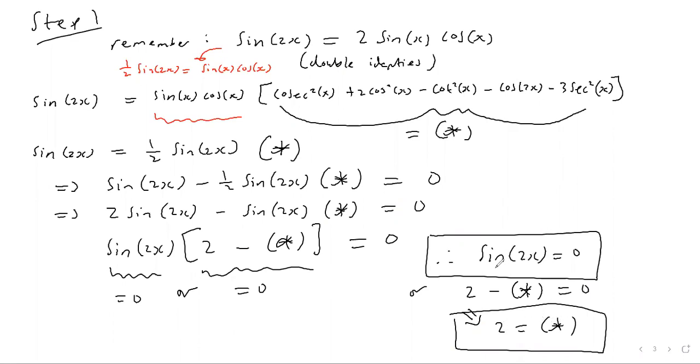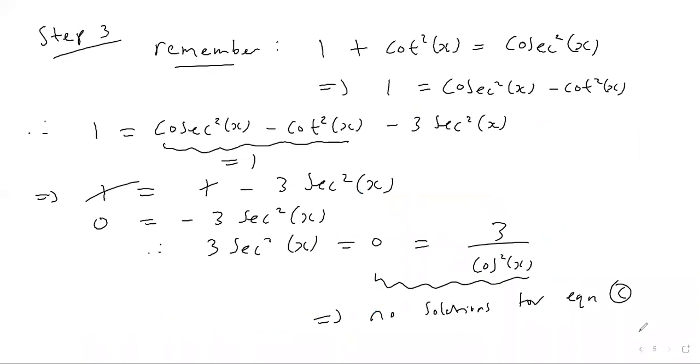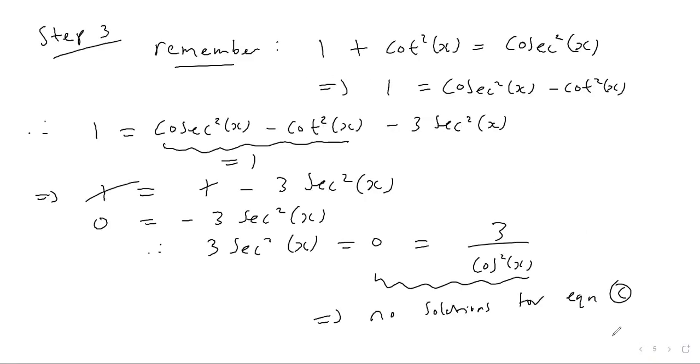So the only equation that's going to give rise to solutions is this one here, sine 2x equals 0. That's going to be our only set of solutions, because we get no solutions from this thing here. If this were equal to a number like 1, a positive number, then perhaps there could be solutions.